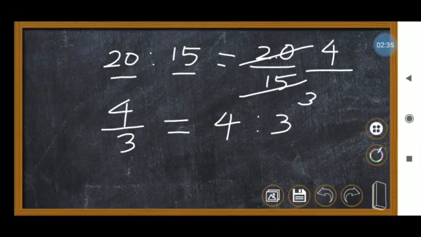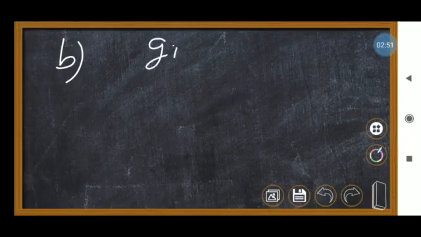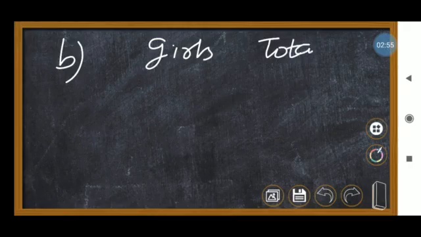The second question is case B. What is the ratio of the number of girls to the total number of students in the particular class? So girls to total number of students.